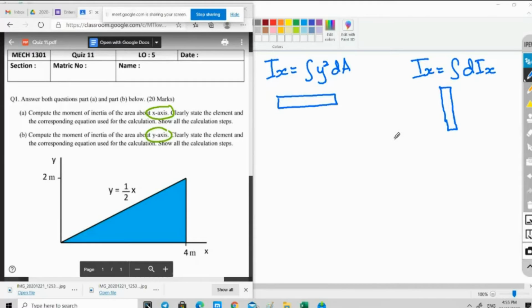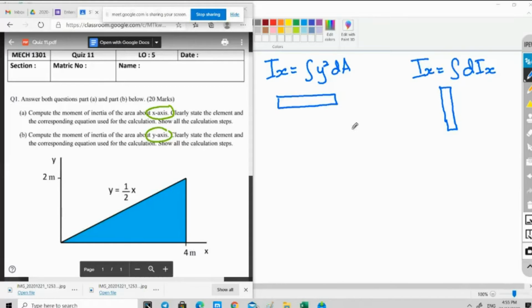So that is the thing, meaning which equation you want to use and which elements. So this is going to give you both the same, which is Ix.